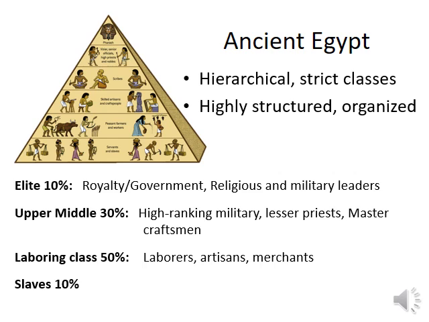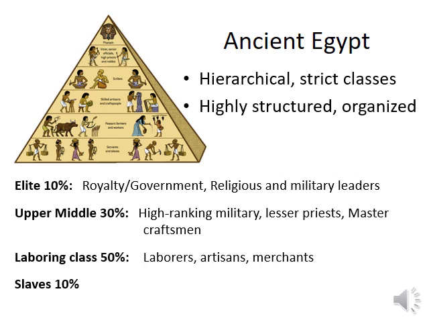The upper middle class represented about 30% of the population. This would include your high-ranking military officers, perhaps some of your lesser priests, and interestingly, for design, master craftsmen. So furniture makers, certain types of muralists, these belonged to the upper middle class and enjoyed a fairly nice life.